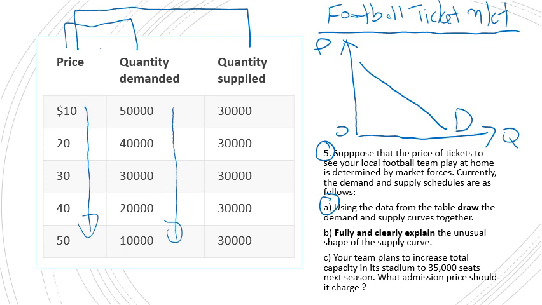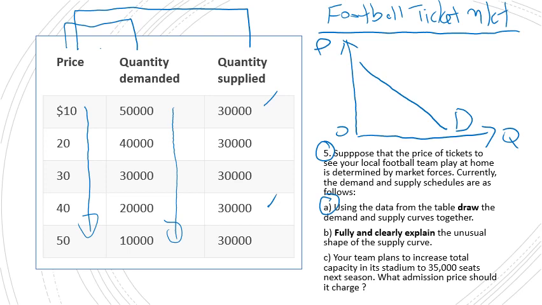In regards to the supply curve, we notice that when the price goes down or up, quantity supply does not change. At a price of $40 per ticket, there are 30,000 tickets, and so on.